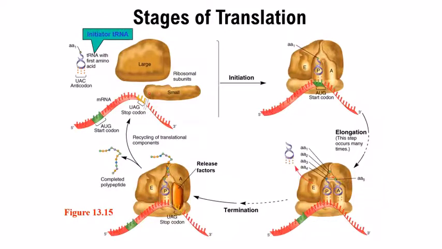This mRNA is going to attach to the ribosomal subunits, the smaller and the larger one. Together they form the 70S ribosome of prokaryotes. The codons for various amino acids that are represented on the mRNA are brought to the site of protein synthesis, that is the ribosome, by a tRNA molecule.